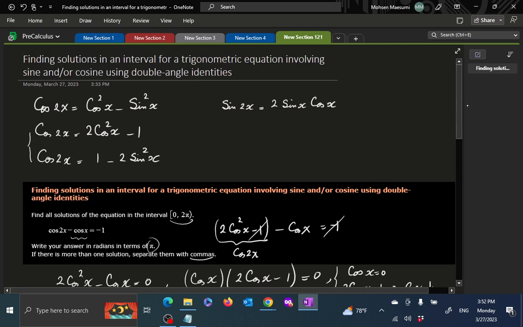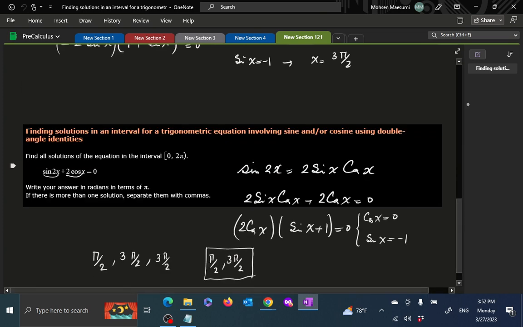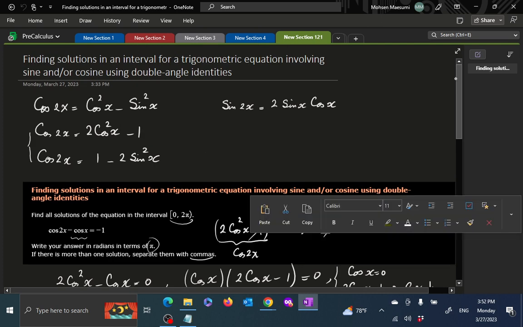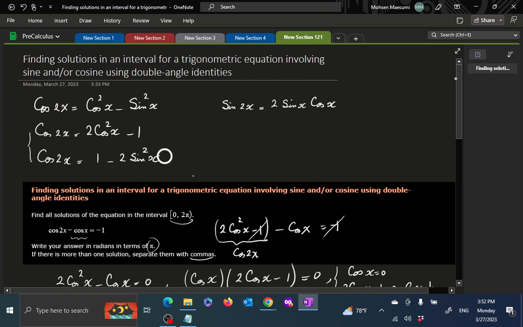Okay, so what we learned here, double angle identities, we have use for this form. Sorry, the screen jumps. We have use for these two forms. For cosine of 2x, for sine of 2x is just one form anyway.